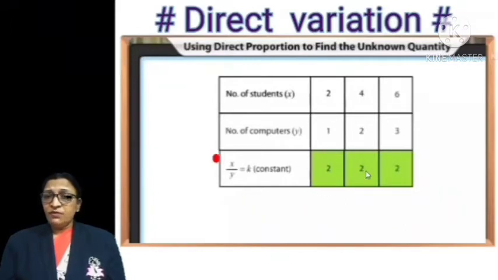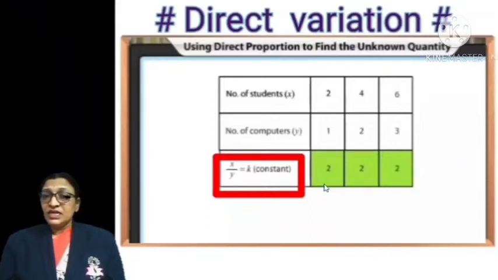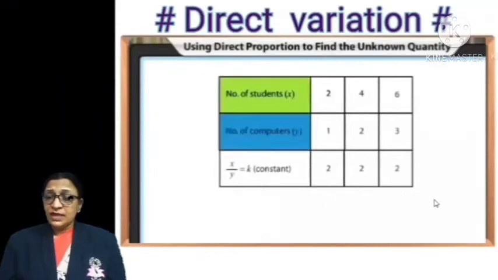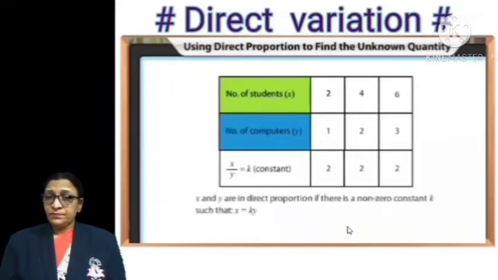But every time, this ratio x upon y of students to computers is the same, that is 2 in each case. You can check the values in this given data of the number of students and number of computers is in direct proportion.